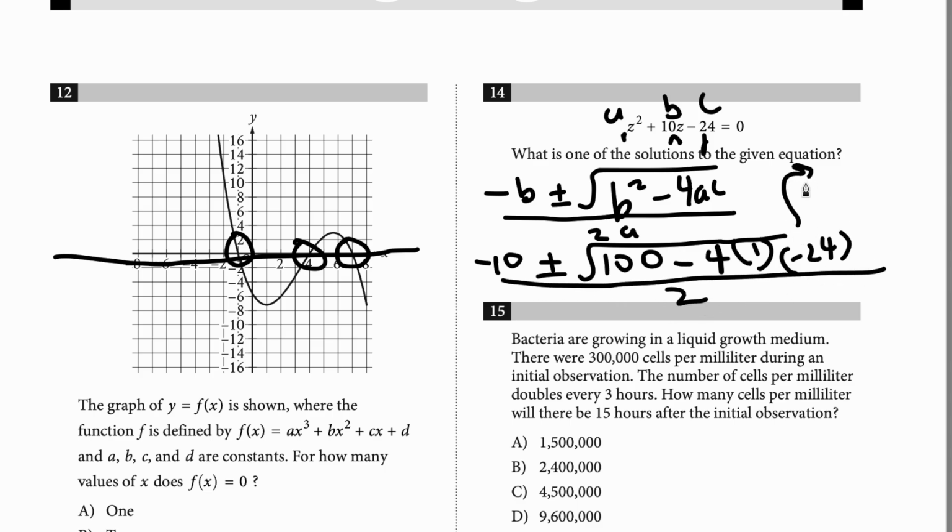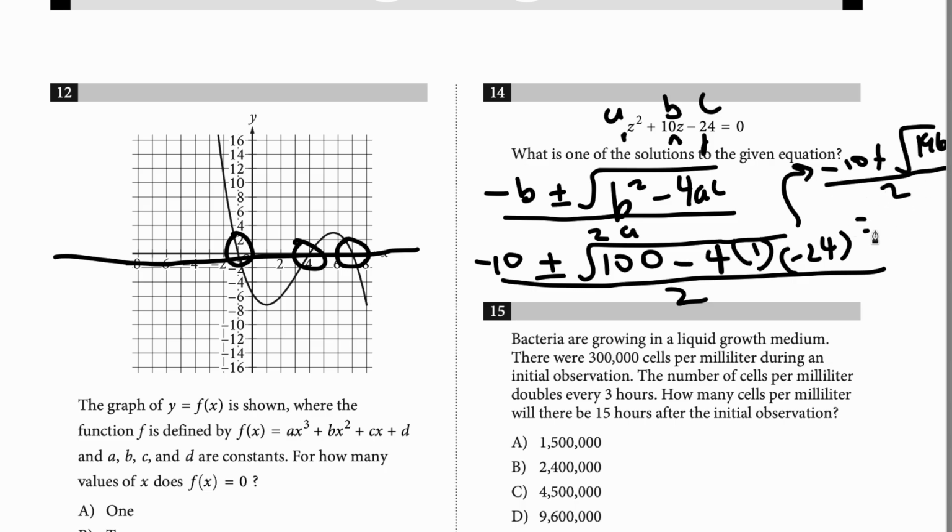Let's draw the answer over here. It'd be minus 10, we'll just do the positive side for this case, so plus the square root of 100, and this minus minus becomes a positive, and 24 times 4 would be 96, and 96 plus 100 would be root 196, and all this would be over 2.